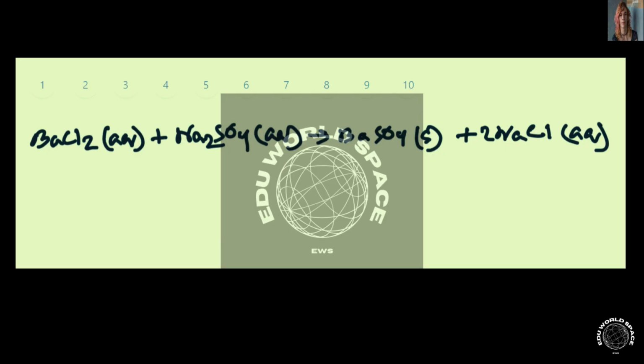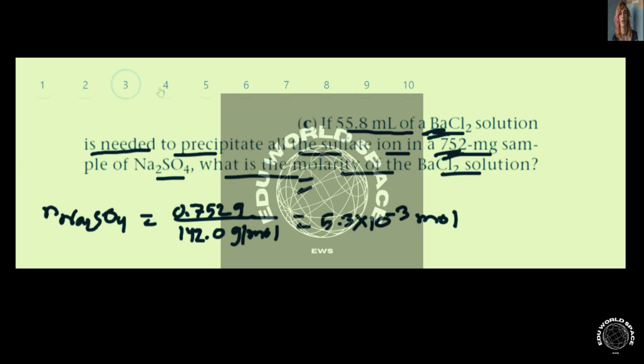Now from here you can see 1 mole of sodium sulfate will be neutralized by 1 mole of barium chloride. That means this much mole of sodium sulfate will be neutralized by the same number of moles of BaCl2 or barium chloride. So we can write down the number of mole of barium chloride as this.